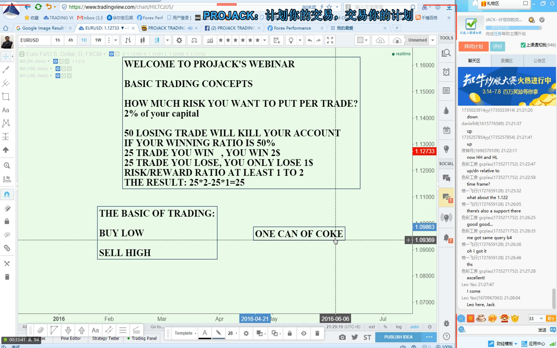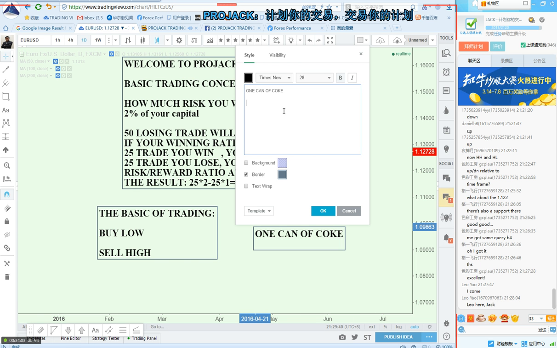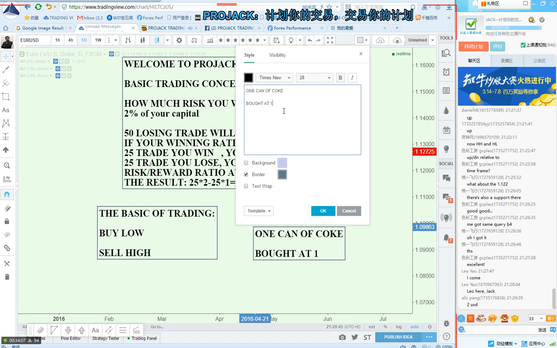If I buy this Coke from the vendors, or at the wholesale price of $1, and then sell this Coke in the five-star hotel, I can sell it for $10, right? I bought at 1, then sell at 10. That's how I make money.